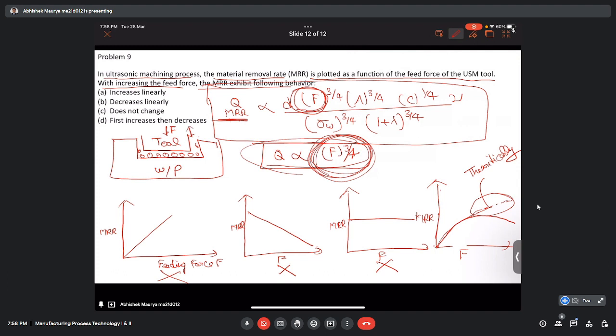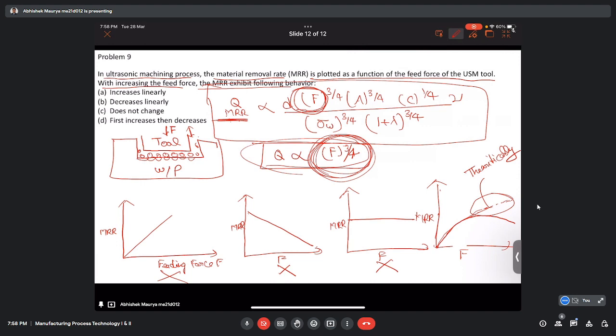As I told, because of this force and this vibration, these abrasives are going to deform and fracture the material in the workpiece in nearby regions.